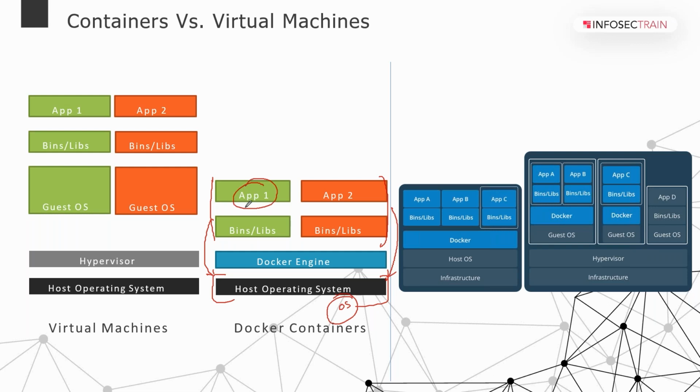The reason is that when you go for a container, whatever files you need for the container to run, irrespective of the underlying OS, are there inside the container itself.